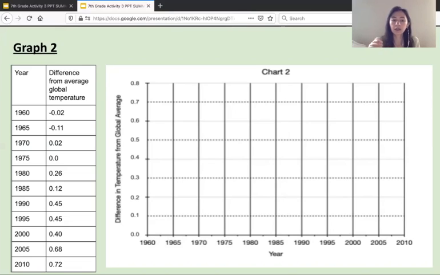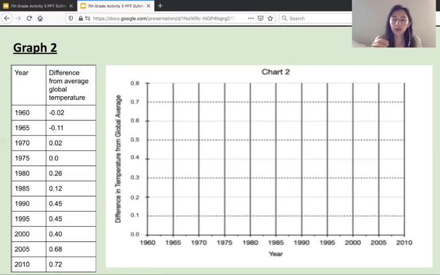And then you can kind of see it starts trending upwards. So you go to 0.02, 0.0, all the way up until 2010, where you're going to put a point at 0.72 on your graph. And that means that your global temperature is almost a whole degree warmer than the average temperature.